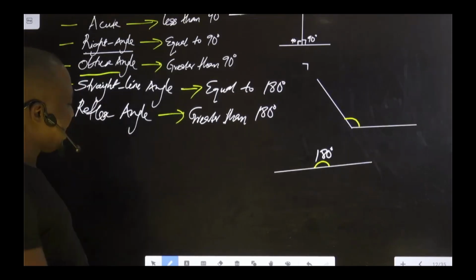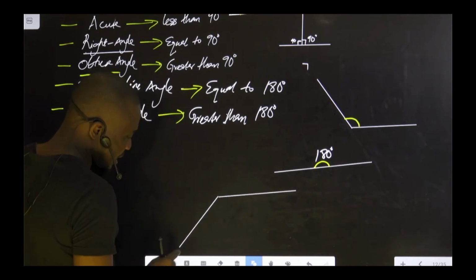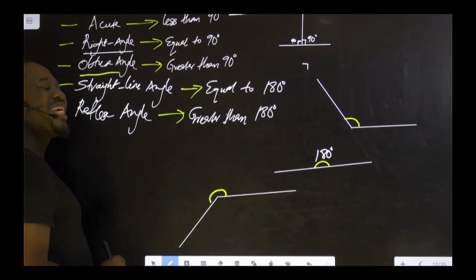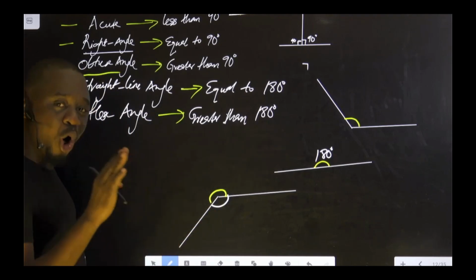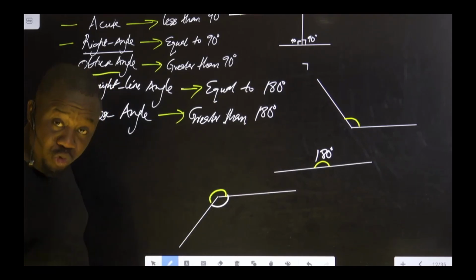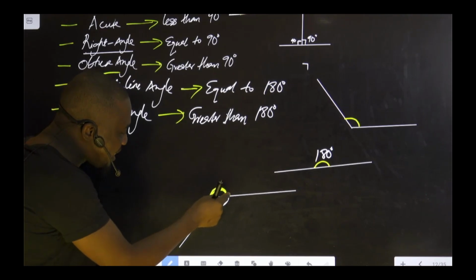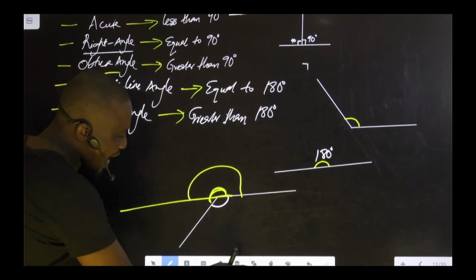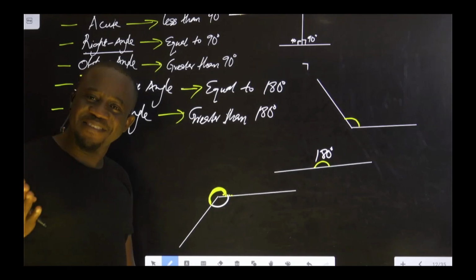If the angle is more than 180, this particular one is more than 180. It is called what? A reflex angle. But you can see this other side is less than 180, but more than 90 degrees. It is called what? Obtuse angle. But this upper side is actually more than 180, because if I draw this one straight now, this is 180. And the angle is even more than 180. It's called what? A reflex angle.